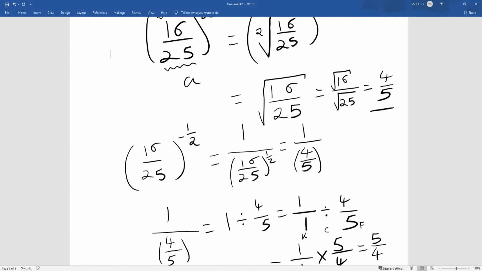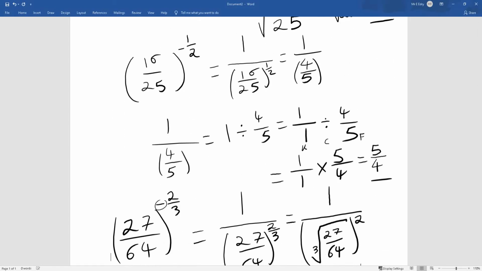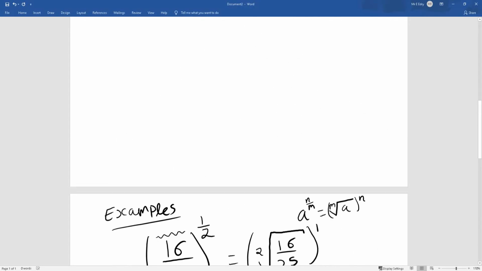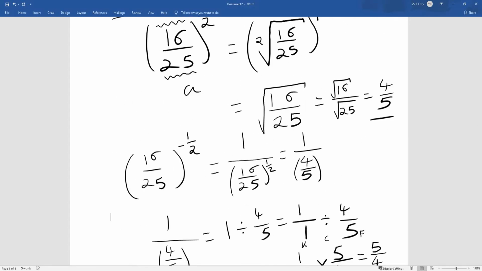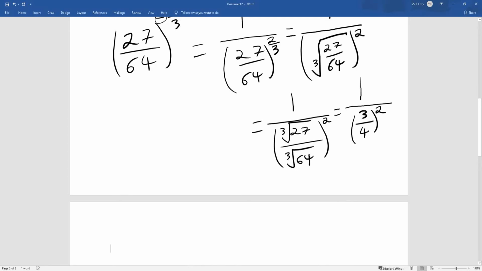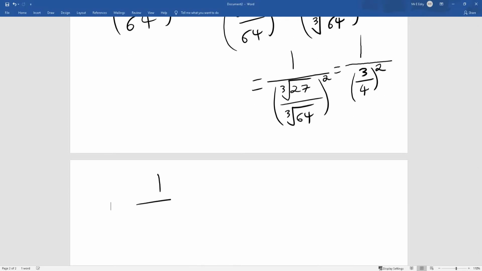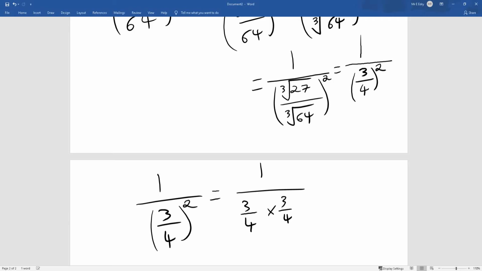So I have 1 over 3/4 all squared. Now 3/4 squared is just going to be 3 over 4 times 3 over 4, which is just going to be 9/16. 3 times 3, 4 times 4.